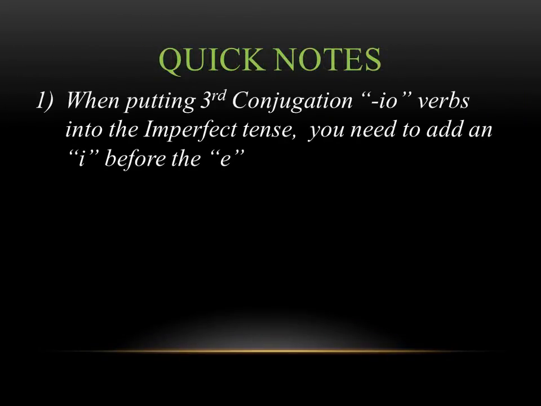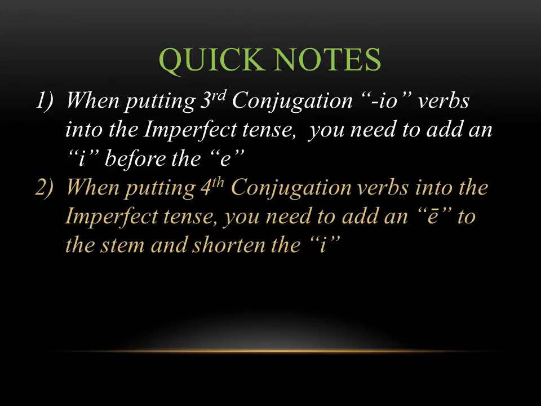So just some quick notes. When you're putting third conjugation IO verbs into the imperfect tense, you need to add an I before the E. When you're putting fourth conjugation verbs into the imperfect tense, you need to add a long E to the stem and shorten the I. So again, look back at our chart for fourth conjugation.